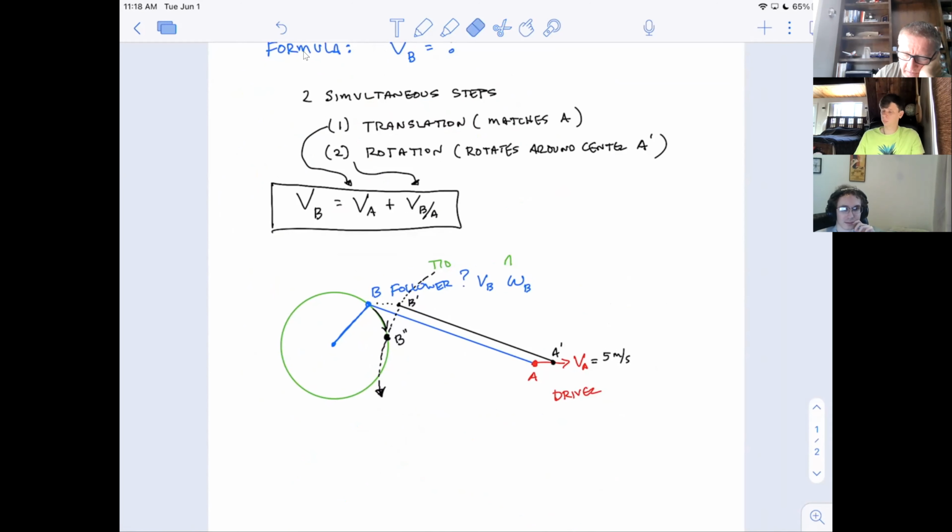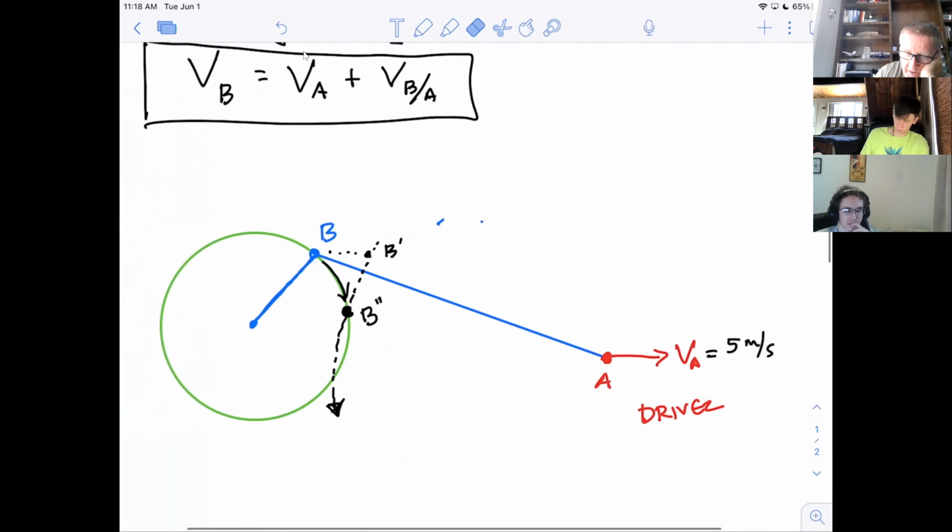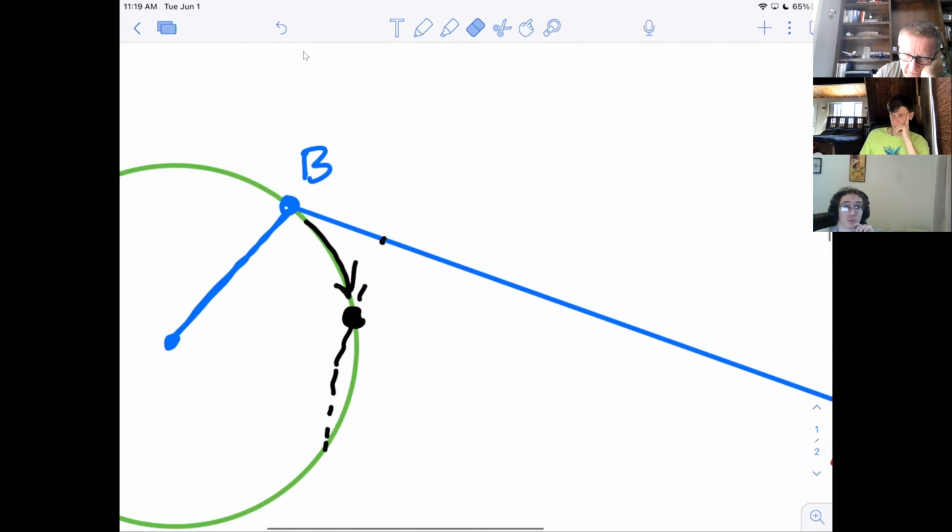Because what you should be thinking right now is, I get the velocity of A matching over there. I get the velocity of A would match the velocity of B. I'm guessing that you're able to track that. Okay, but what about the rest of this business?